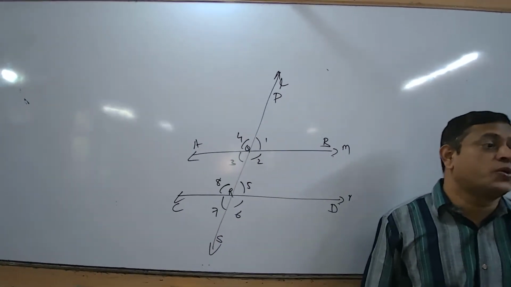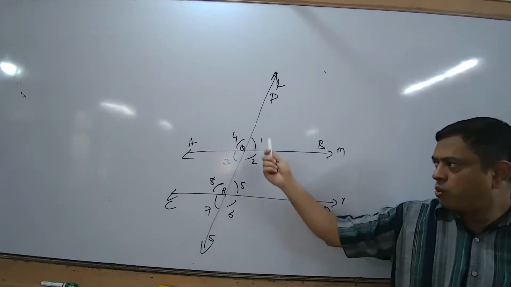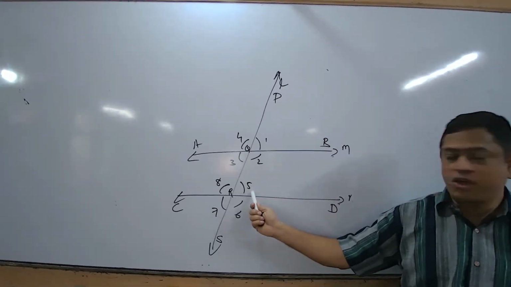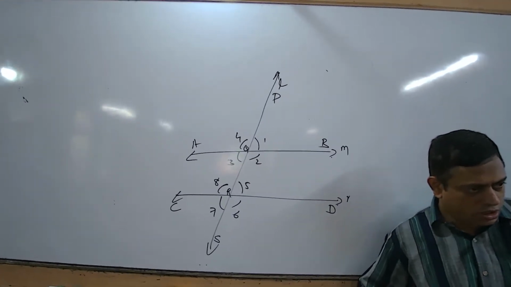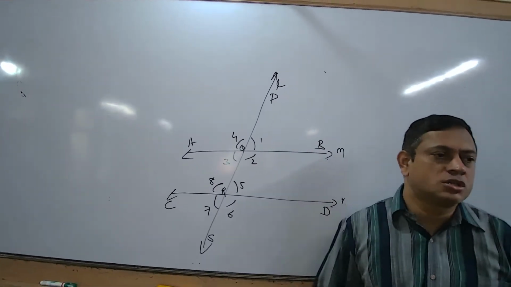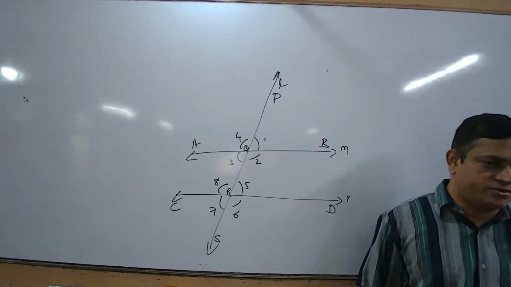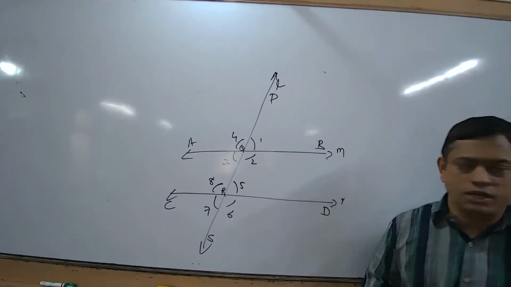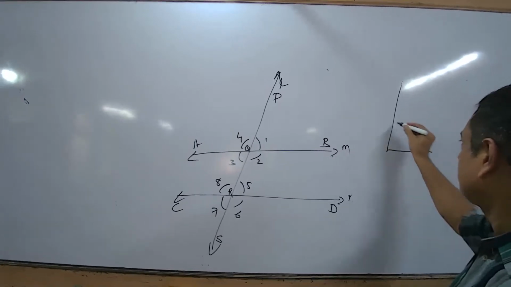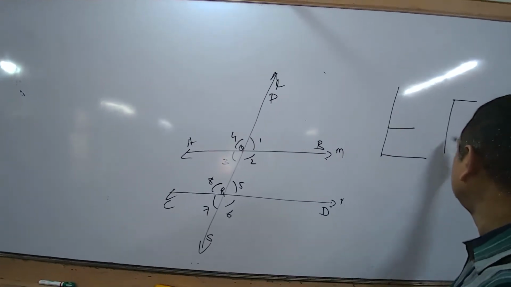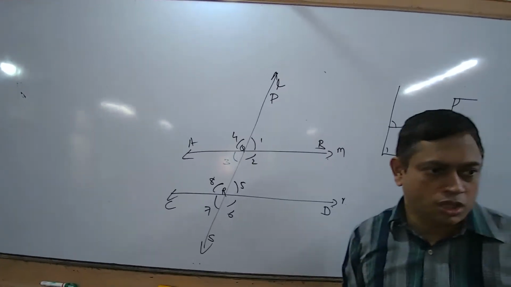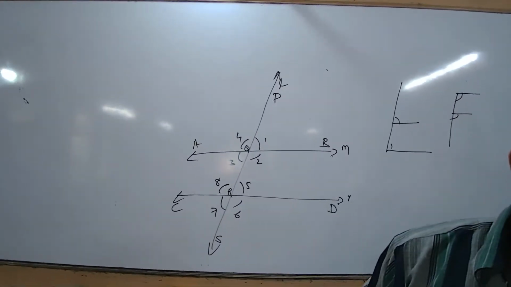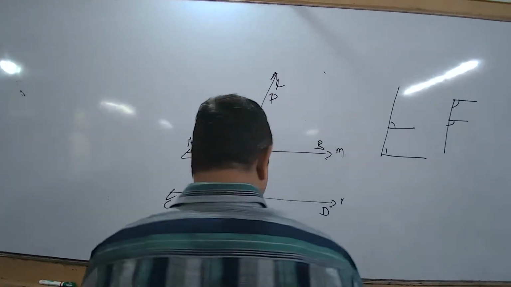They are called corresponding angles. 1 and 5, not 3 and 5. Understood or not? It looks like F, F in any form. This is called corresponding angles.